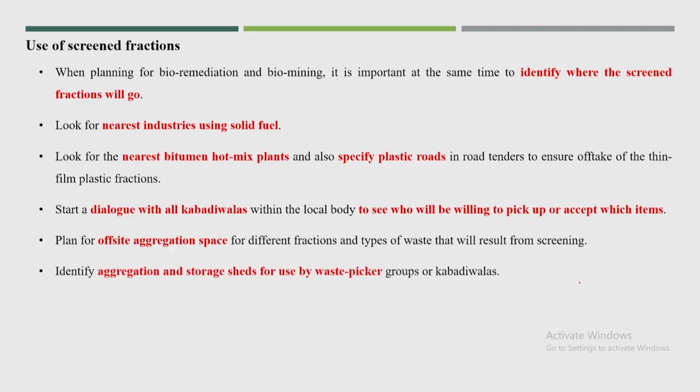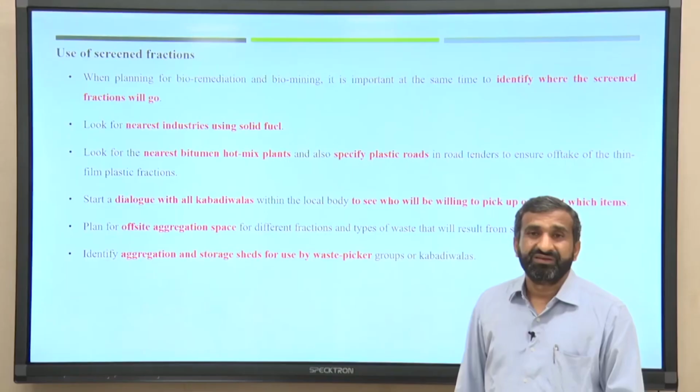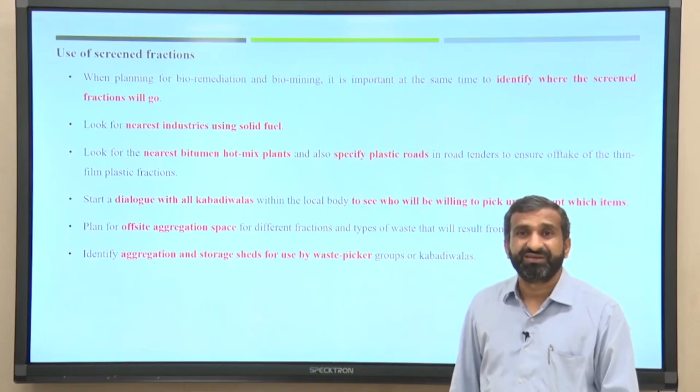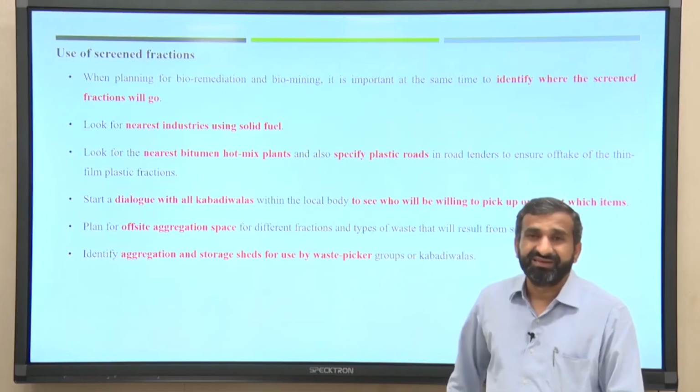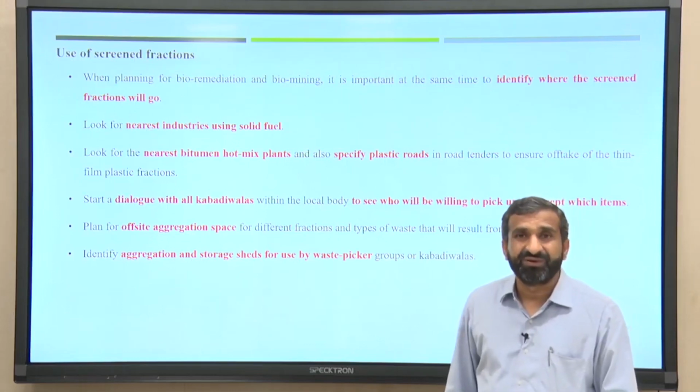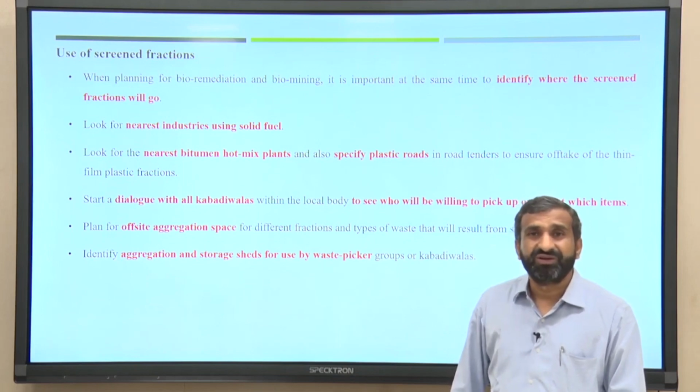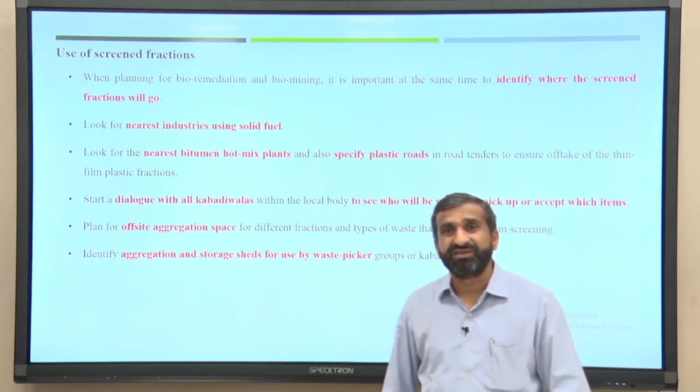Identify aggregation and storage sheds for use by waste picker groups or kabadi walas, because when any kabadi wala accepts the material, they can again segregate and screen it, putting in a lot of manpower, because they have a lot of rag pickers working with them.